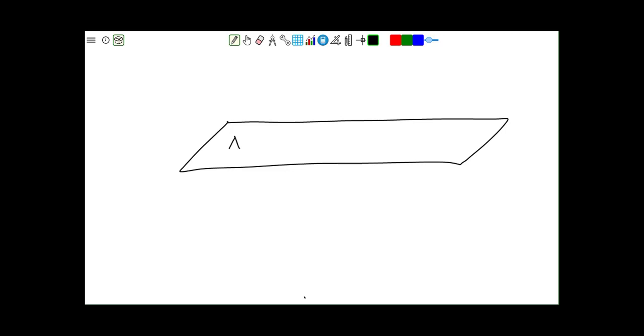Well, if it's a very long plane, the plane looks identical whether you're at this point of the plane or here or here. So as you walk along the plane, everything looks the same.